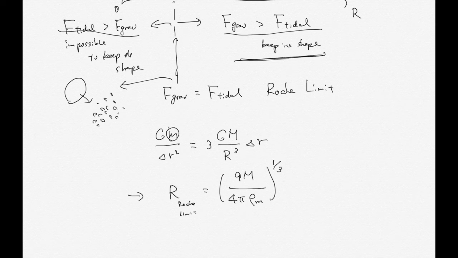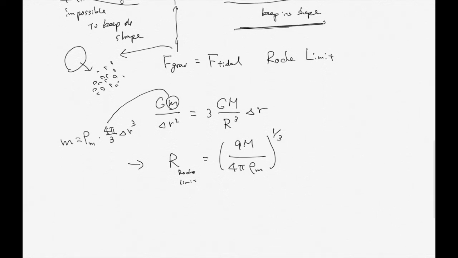This M is the mass of this object, which can be expressed as density times 4 pi over 3 delta r cubed. Then delta r is cancelled on both sides of the equation.